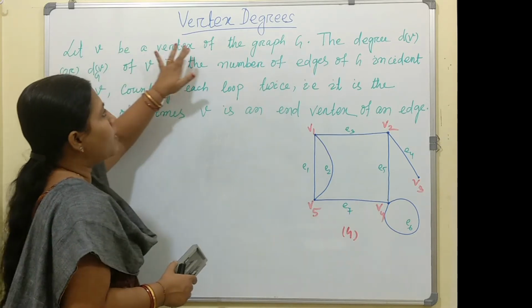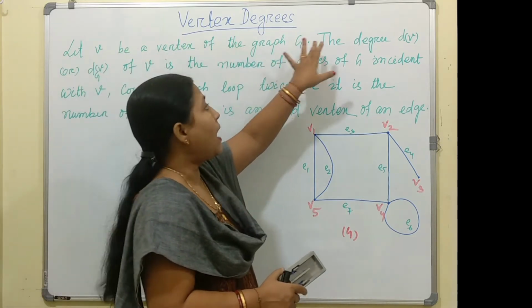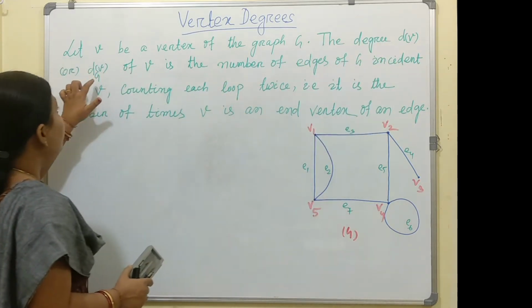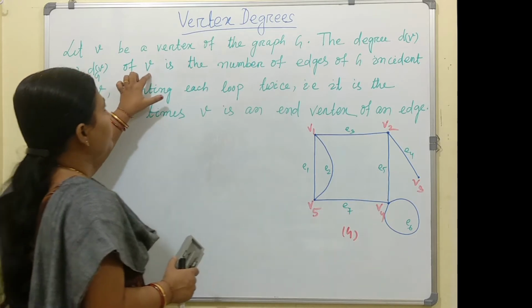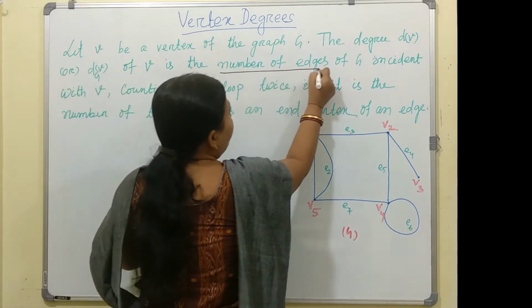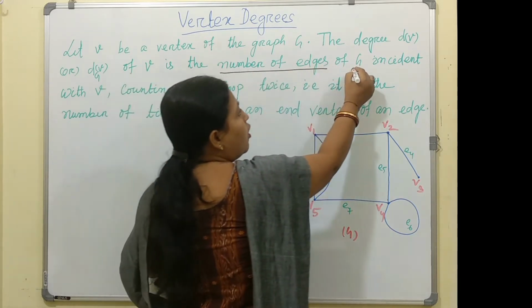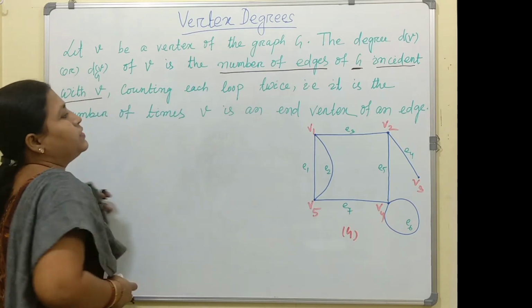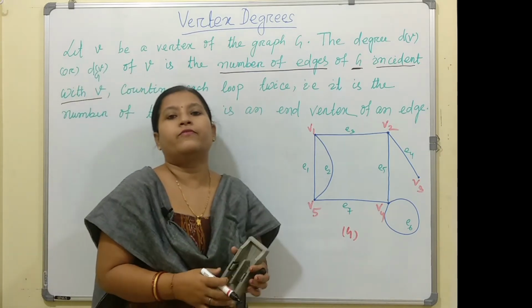Let V be a vertex of the graph G. The degree of V, d of V with respect to G, is the number of edges of G incident with the vertex V.